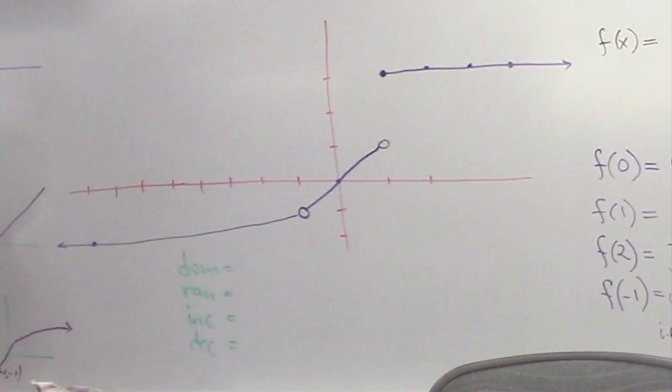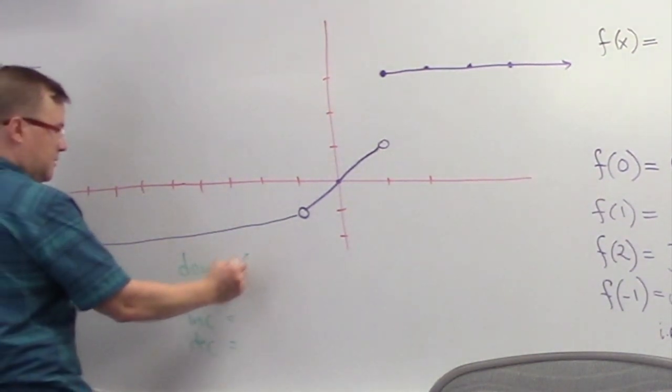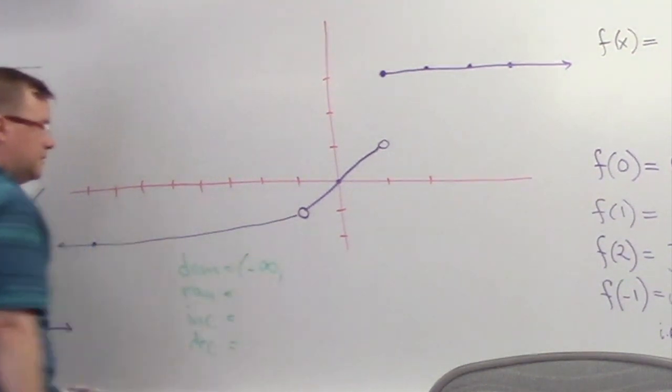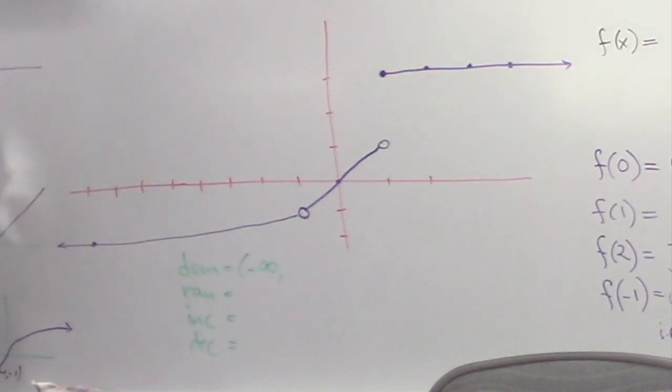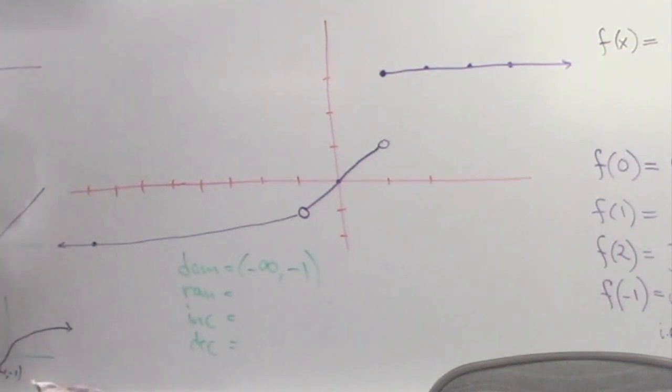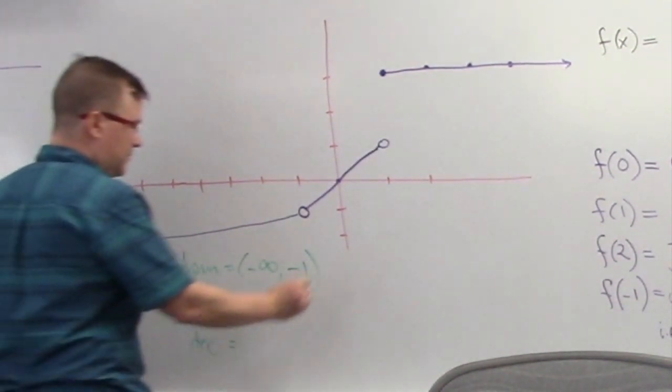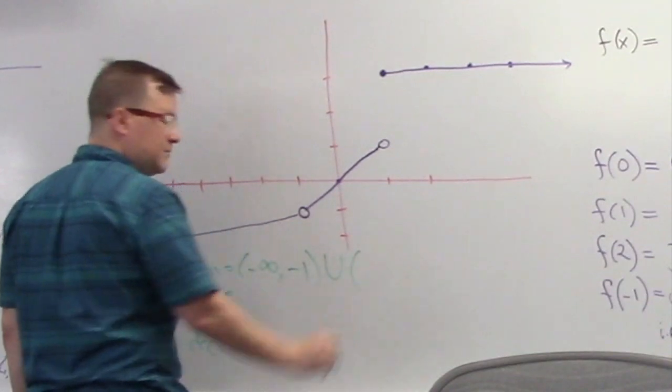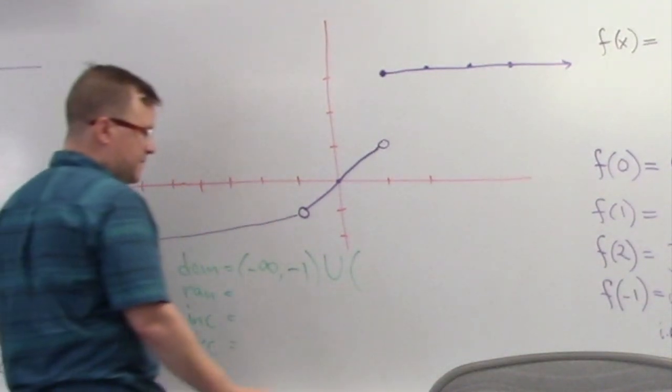Those would be 4 great follow-up questions. In this case, I'd say that the domain is everything from negative infinity up to, but not including, -1. But that's not all there is to it. It's a union. Then would it be 1 to infinity? Well, not 1 yet.